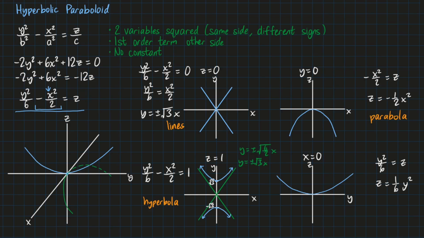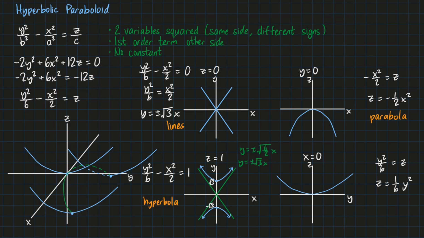So that means for any value of x on that surface, we should still see the same shape of the parabola. Since this term isn't changing for changing values of x, the parabola should not stretch or compress. So this means at this point and at this point, we can put the vertex of that same blue parabola.